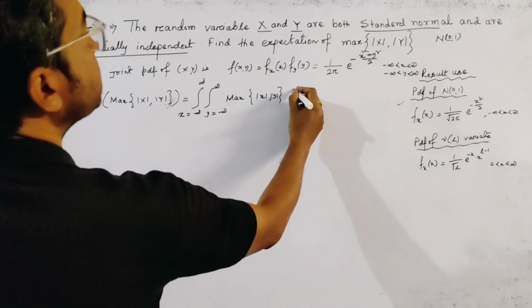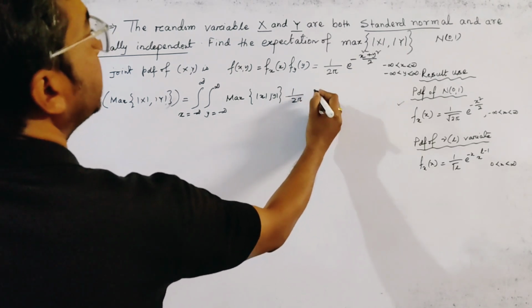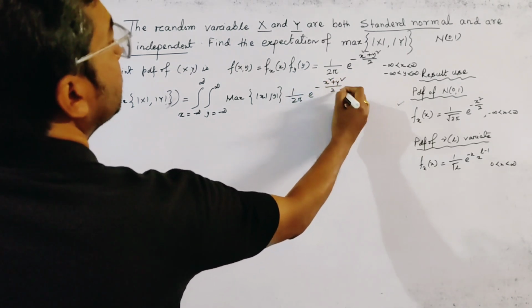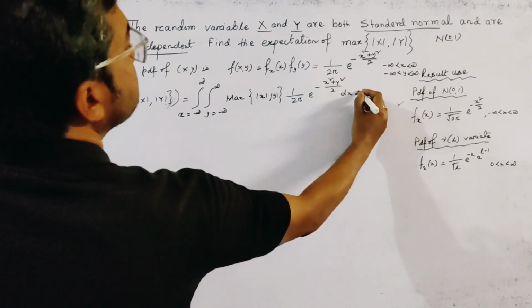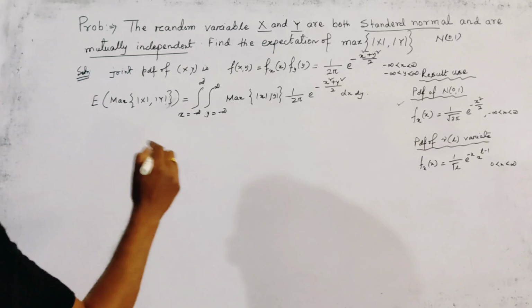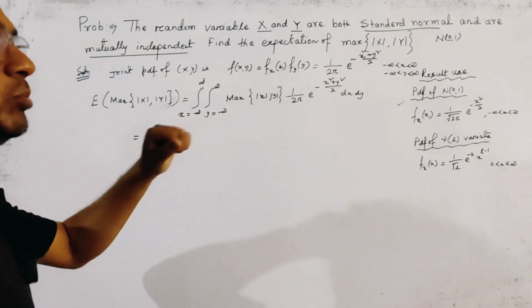So f_XY is 1/(2π) e^(−(x²+y²)/2) dx dy. Okay, and now we divide this integration into two parts.